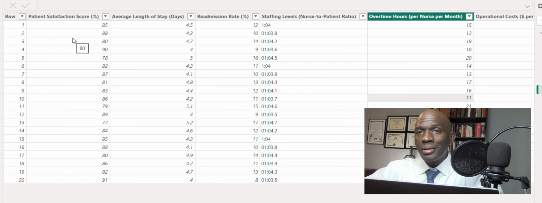Now, here's something that really takes business intelligence just a little bit to the next level. Say we have a patient satisfaction score. Say we want to know the average length of stay if the patient's satisfaction score is 81, or if the patient satisfaction score is 75 and above, or if the patient satisfaction score is 70, 71 and lower.